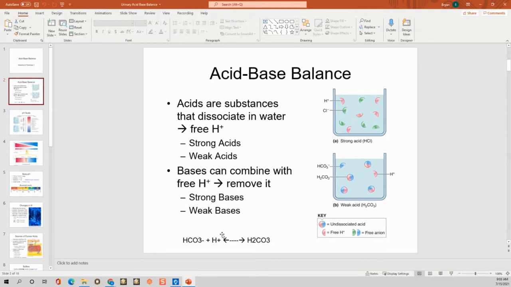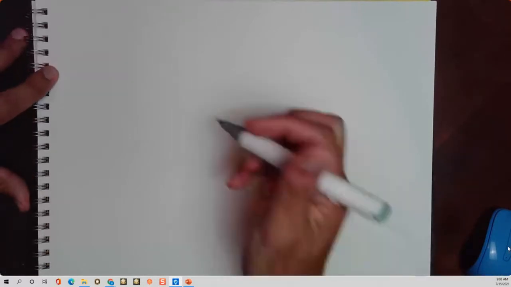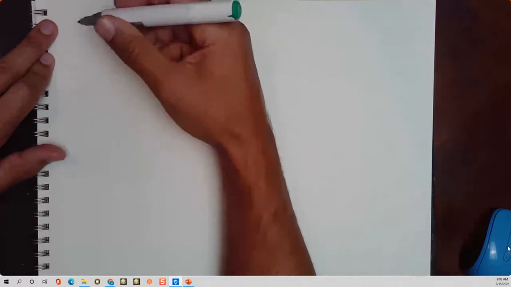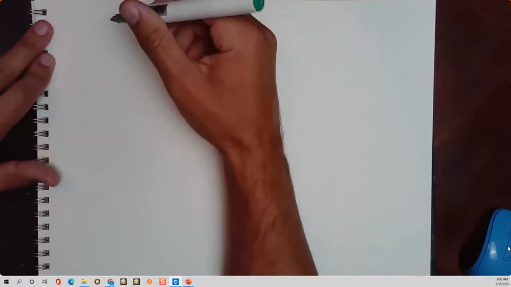So what's going on here? We need to remember one thing. It's an odd little side note that I think helps students learn what's going on with dissociation and different ions and stuff like that. But we need to remember chemical bonds. We need to remember ionic bonds, covalent bonds, which we referred to earlier this semester.